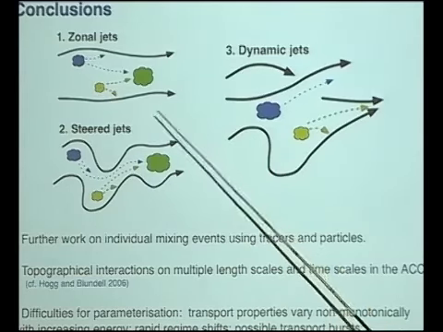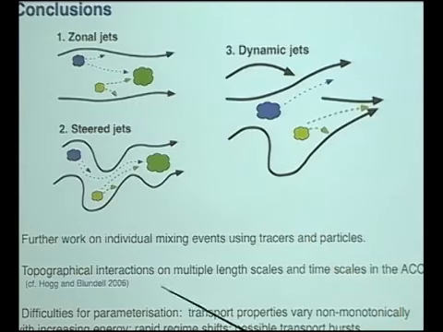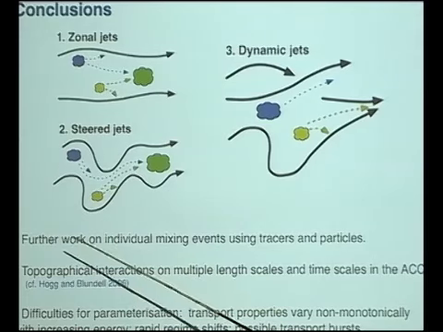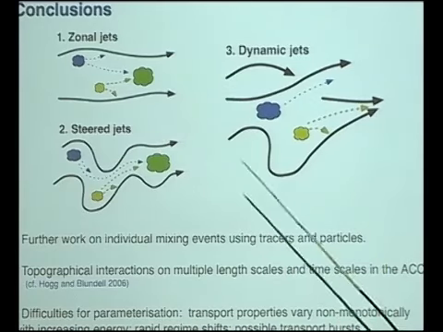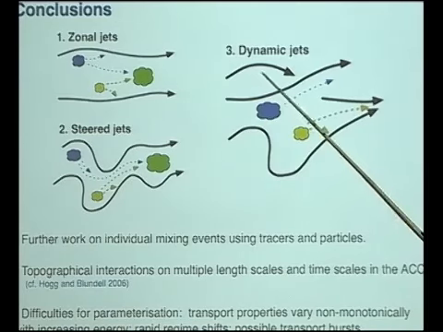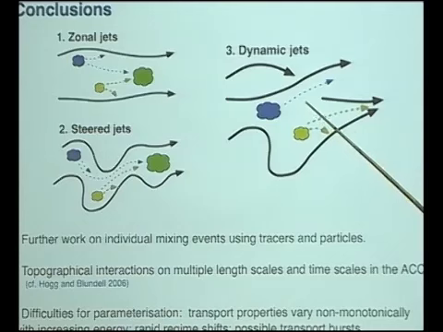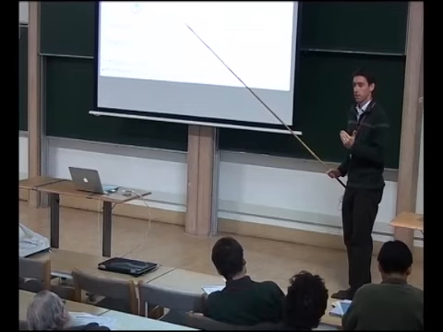To summarize very quickly, I think a lot of people are familiar with the idea of zonal jets acting as very strong barriers to transport. If you were to put two tracers in here, you get strong mixing and not much transport across these barriers. The same idea holds if you have topographically steered jets. With jets passively steered by topography, tracers will get mixed. What's less clear is the dynamic interaction between the jets and topography.